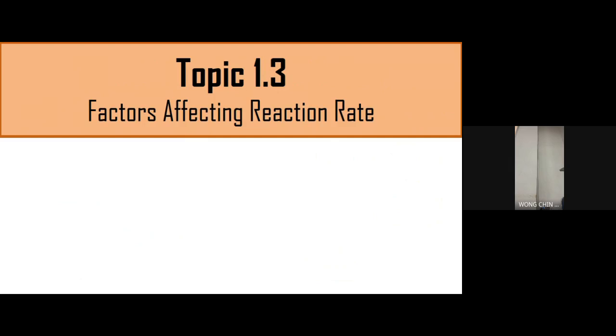Cool. Another factor affecting rate of reaction. Temperature. Agree? Alright, we have temperature that will affect the rate of reaction. Alicia, I have catalyst, I have particle size, I have temperature.